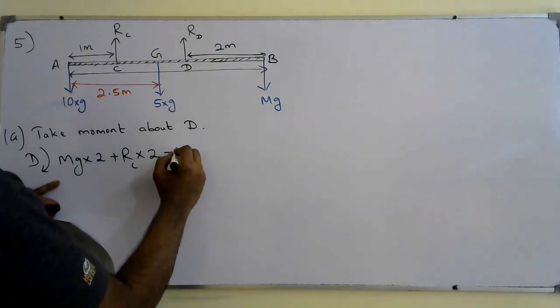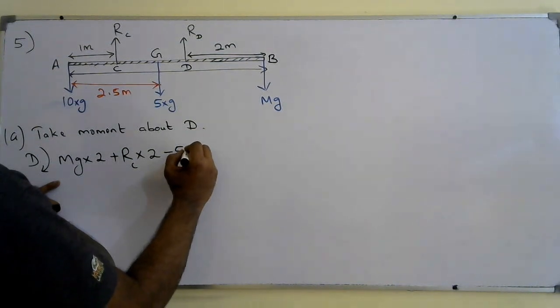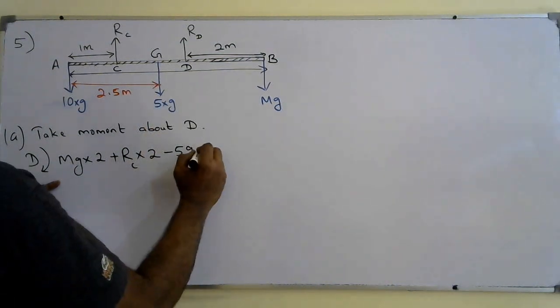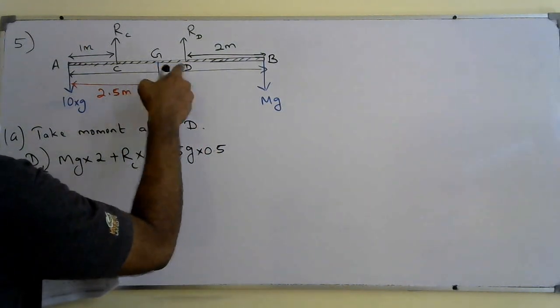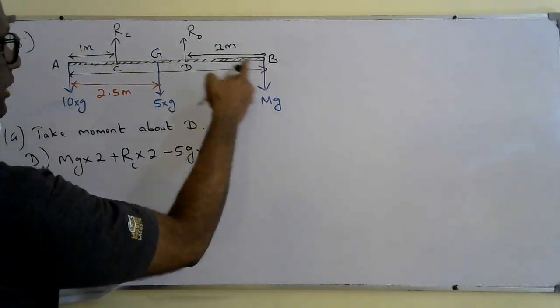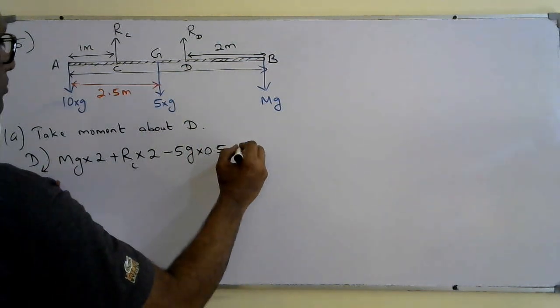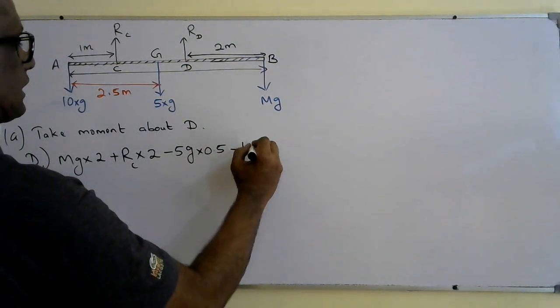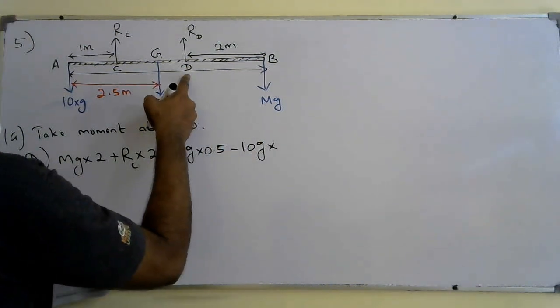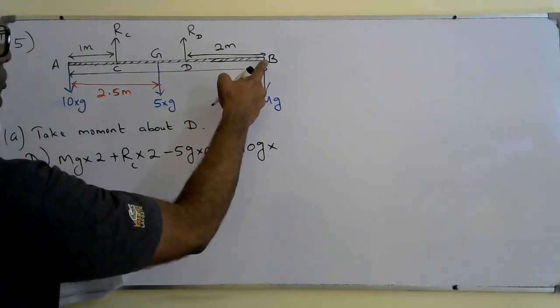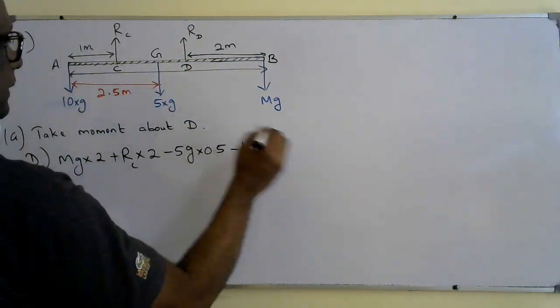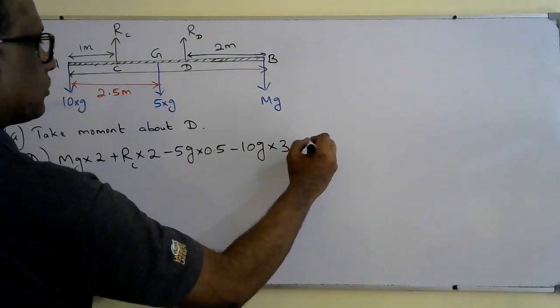So minus 5G into 0.5, that is from D to G, 0.5, because this is 2.5 minus 2, 0.5. Minus 10G into this distance. So this distance will be total length 5 minus 2, that is 3, equal to 0.